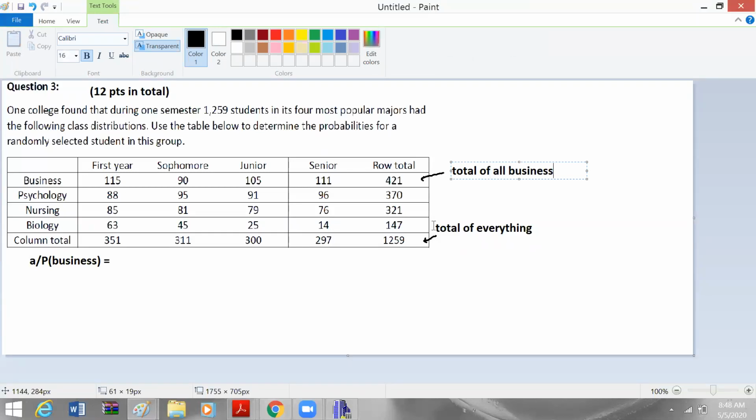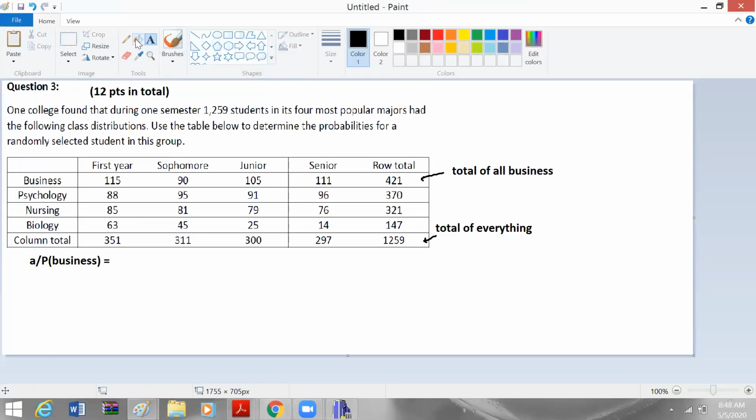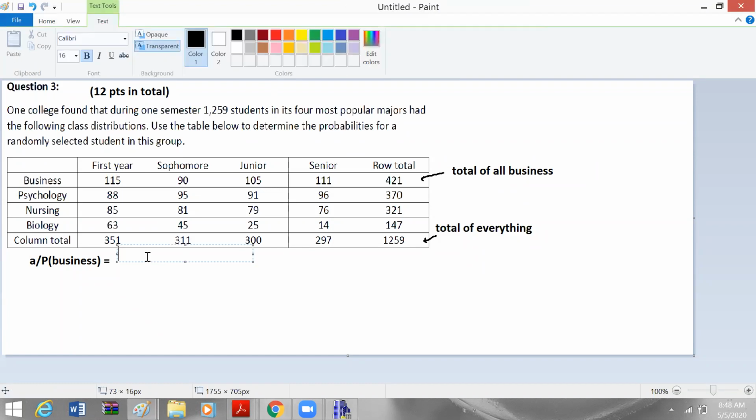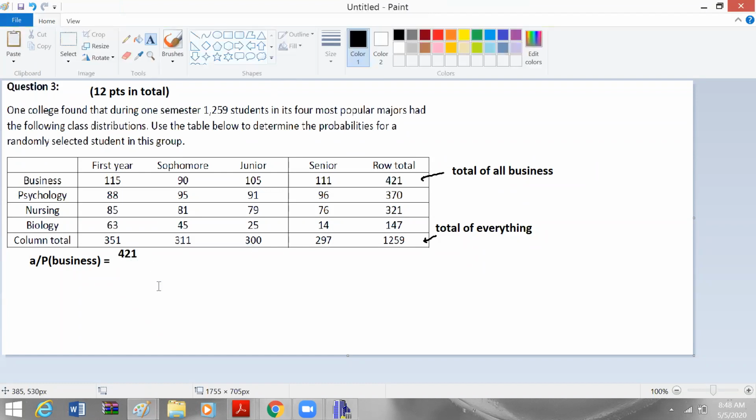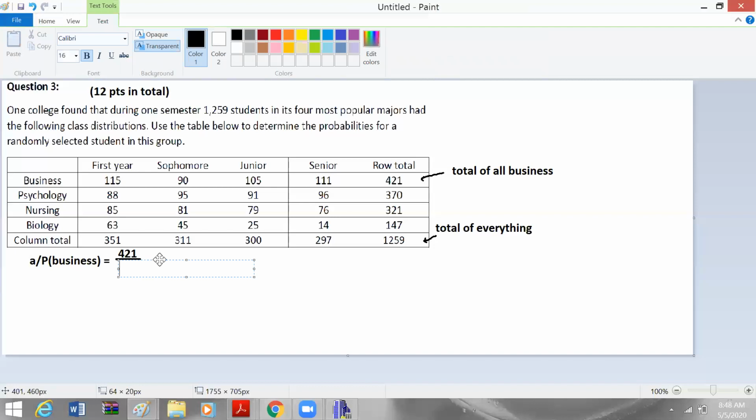So the ratio that we're going to take is 421, and then we divide it by 1259. Usually when it's on paper in a final exam, we don't necessarily have to do so. If you just give me the answer like that, I give you full credit.